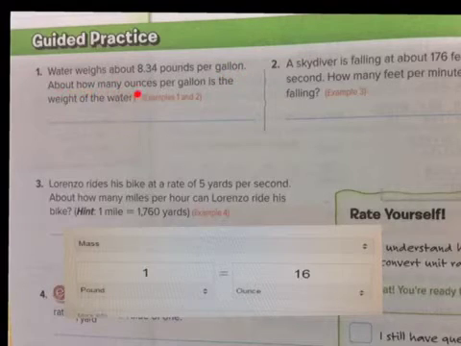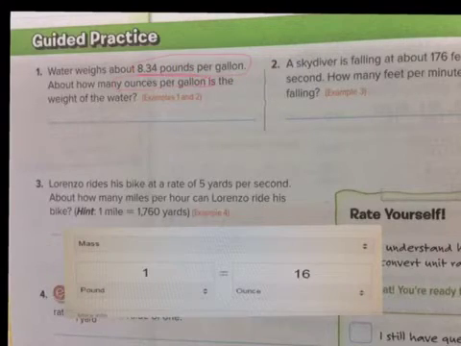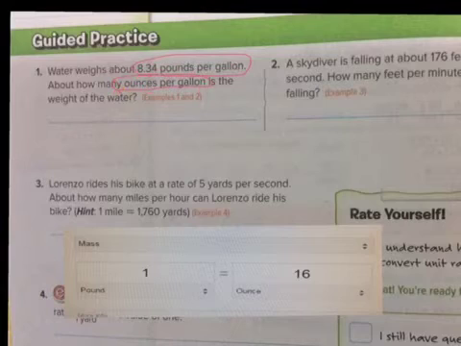About how many ounces per gallon is the weight of the water? So really all they want us to do is to convert the pounds per gallon into ounces per gallon, as you can see right there. So don't stress too much about the gallon aspect of it. They really just want us to convert this weight, pounds per gallon, into ounces per gallon.